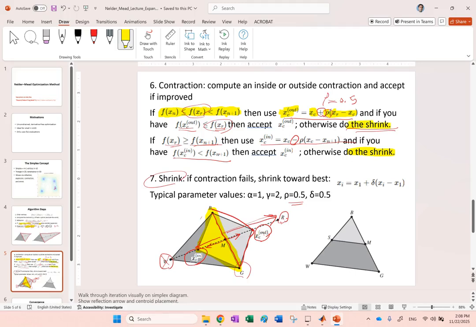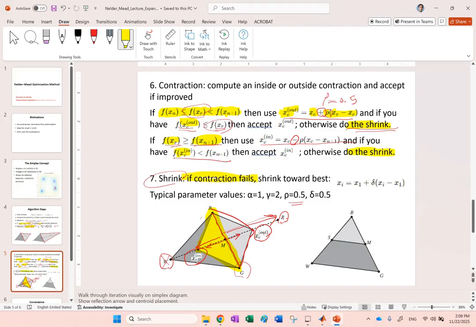Now, what is the shrinking? The shrinking says, hey, I got the reflection point, which was worse than the worst point, and both of these contraction points that I got, either or at least one of them, the inside and the outside contractions also failed. They didn't make it any better.